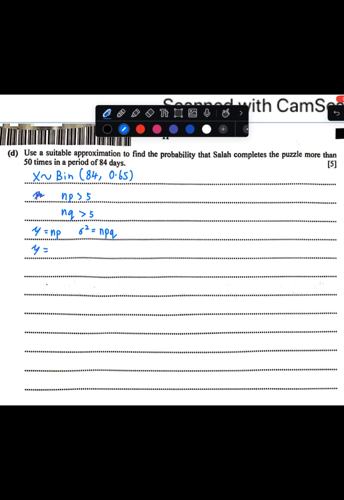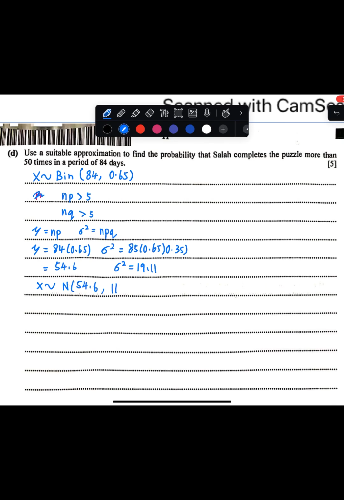So the mean will be 84 times the success rate 0.65, and the variance is 84 times 0.65 times 0.35. Very simple. So the mean is 84 times 0.65, 54.6, and the variance is 19.11.